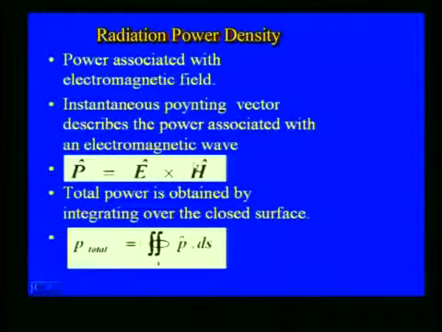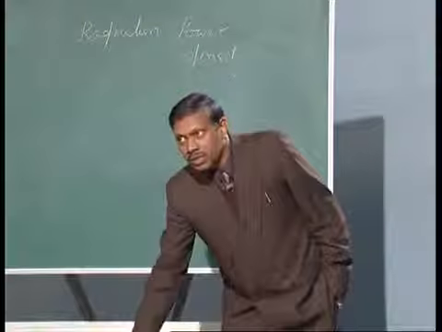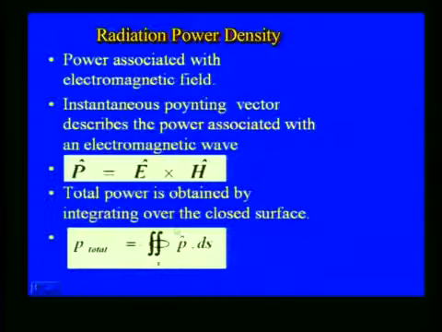So, if this power density is integrated over the closed surface that is encompassing this power density, then we get the total instantaneous power. So, that is the reason the instantaneous Poynting vector is integrated over the closed surface, and that is giving you the total instantaneous power.